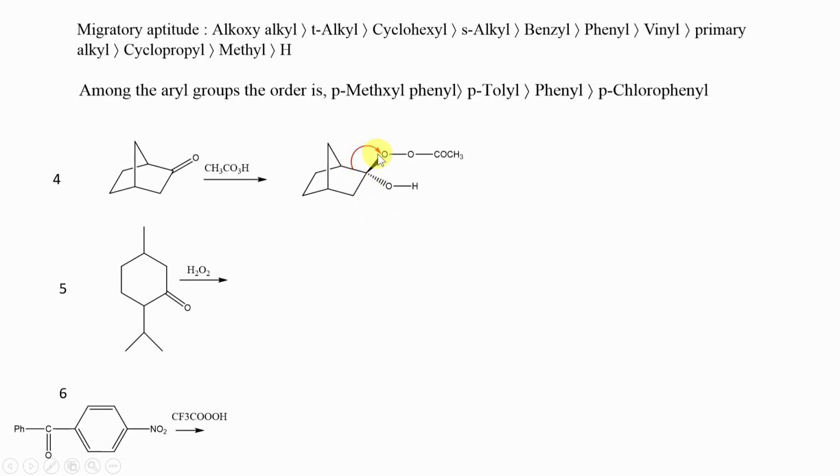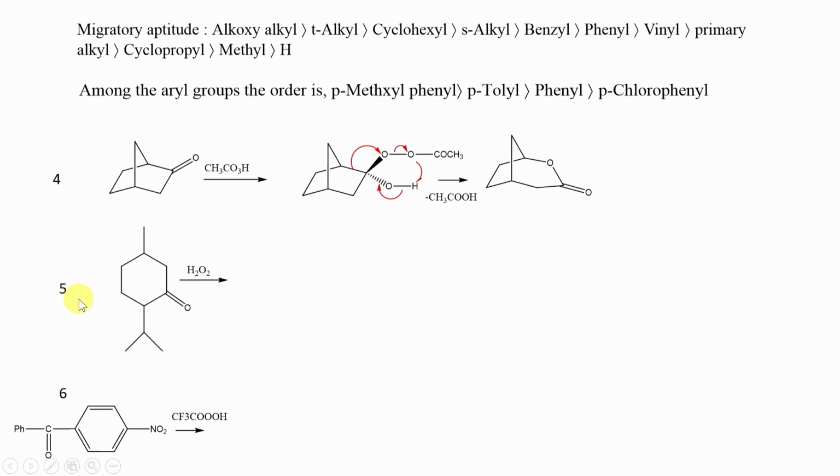Here this alkyl group first migrates towards this oxygen, thereby this bond gets broken, and this acetate ion captures this proton, whereby this bond gets shifted here, thereby a keto group is produced between this carbon and the oxygen, and hence you can see this lactone is produced by the removal of acetic acid. Acetic acid is removed and this cyclic ester lactone is produced.